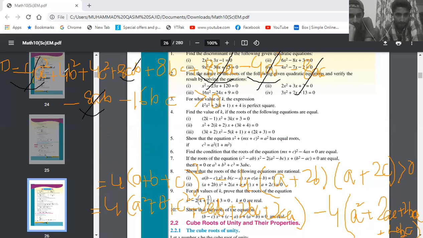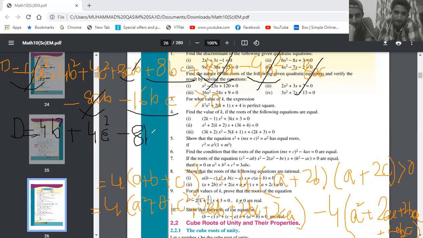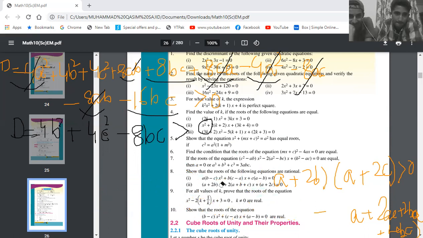Then there is 4b square plus 4c square, and 8bc minus 16bc, so this must be minus 8bc. And this discriminant value is greater than 0. This is the simplified form.